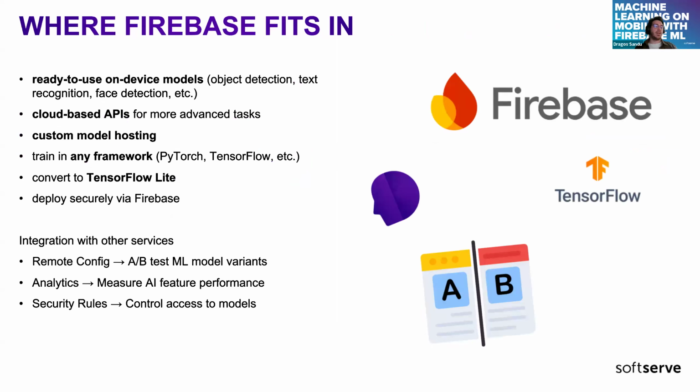And now the question is where Firebase fits in here. So Firebase Machine Learning Kit is positioned to help Android developers leverage AI really fast by providing a ready-to-use on-device model, offering cloud-based APIs for more advanced tasks, allowing custom model hosting.